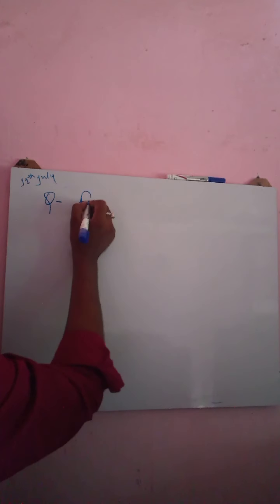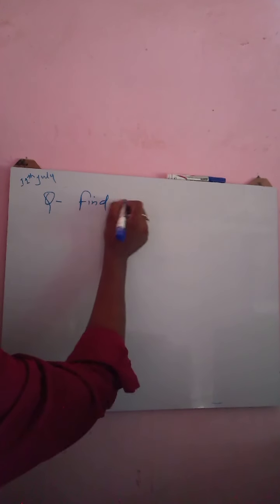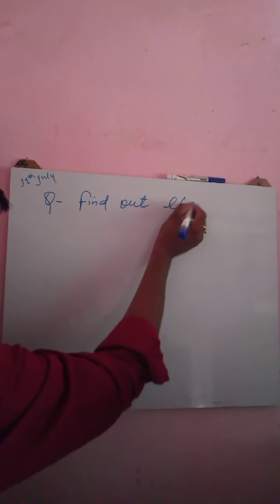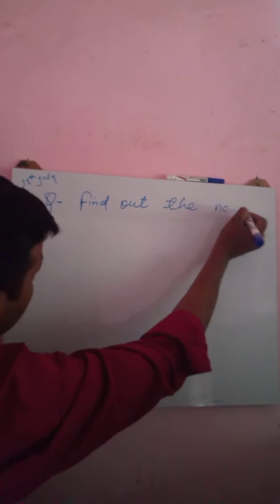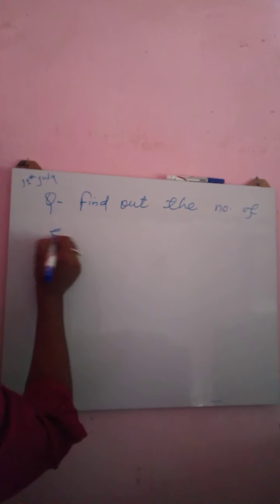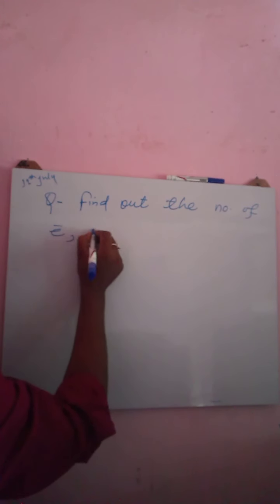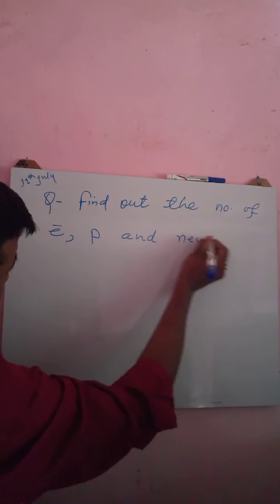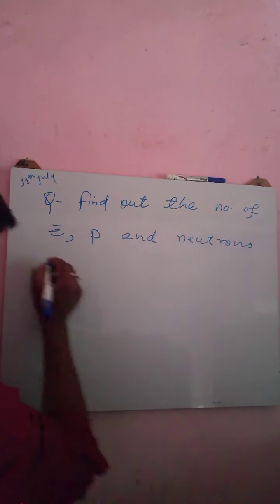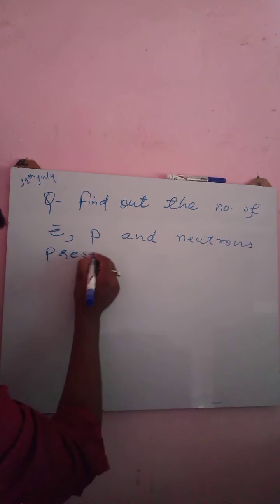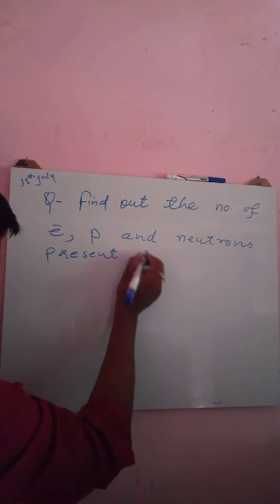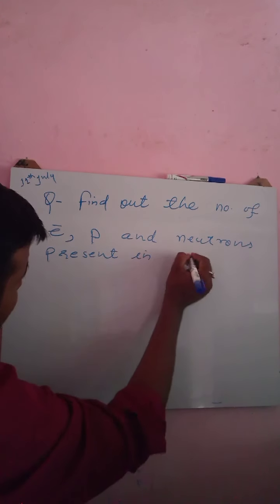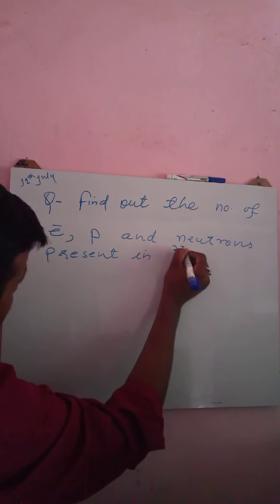Let's see one more problem. Find out the number of electrons, protons and neutrons present in 11 sodium 23.